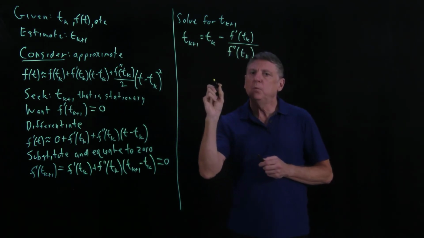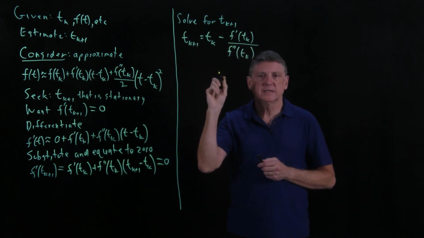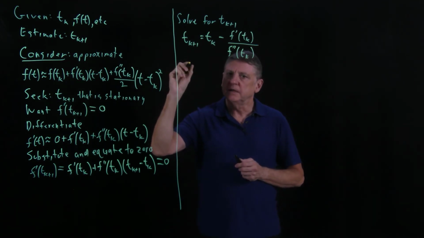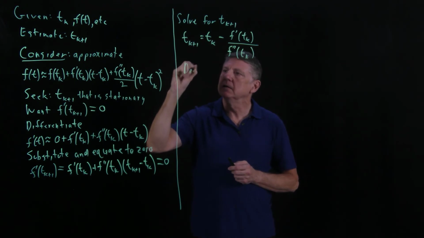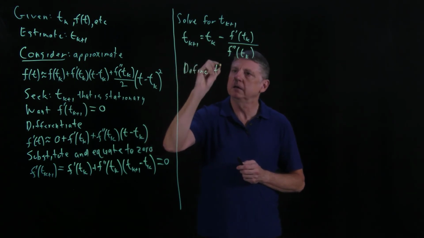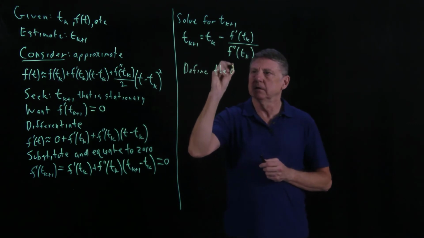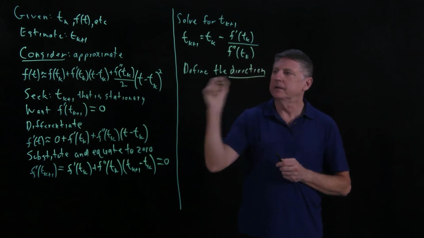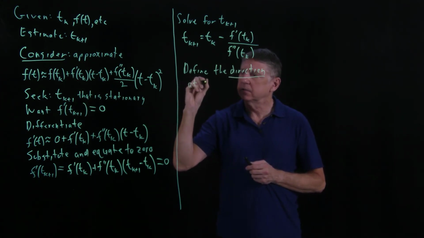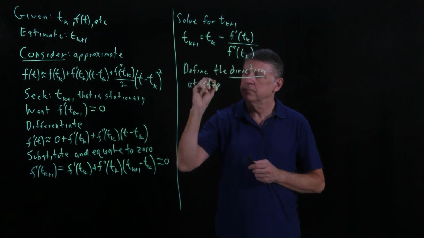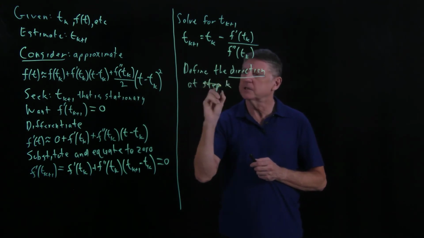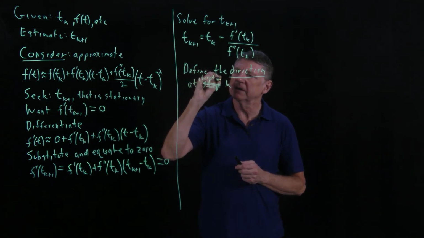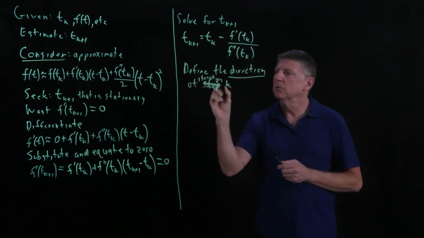Now, we will start writing this in a particular way. So we will define the direction at iteration k, or actually not step, let's say iteration, because step, we'll want to use that word multiple times.